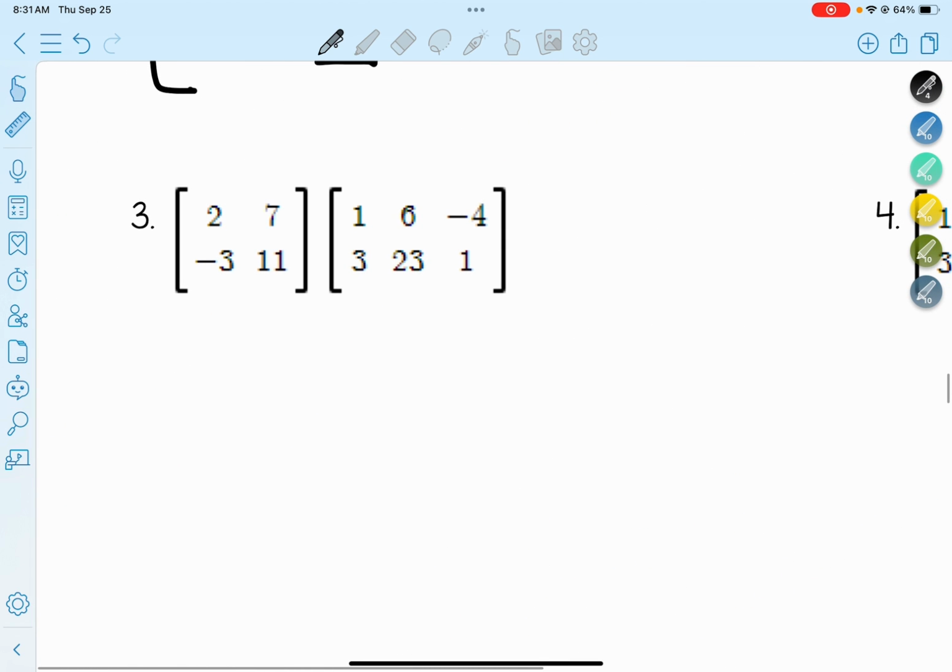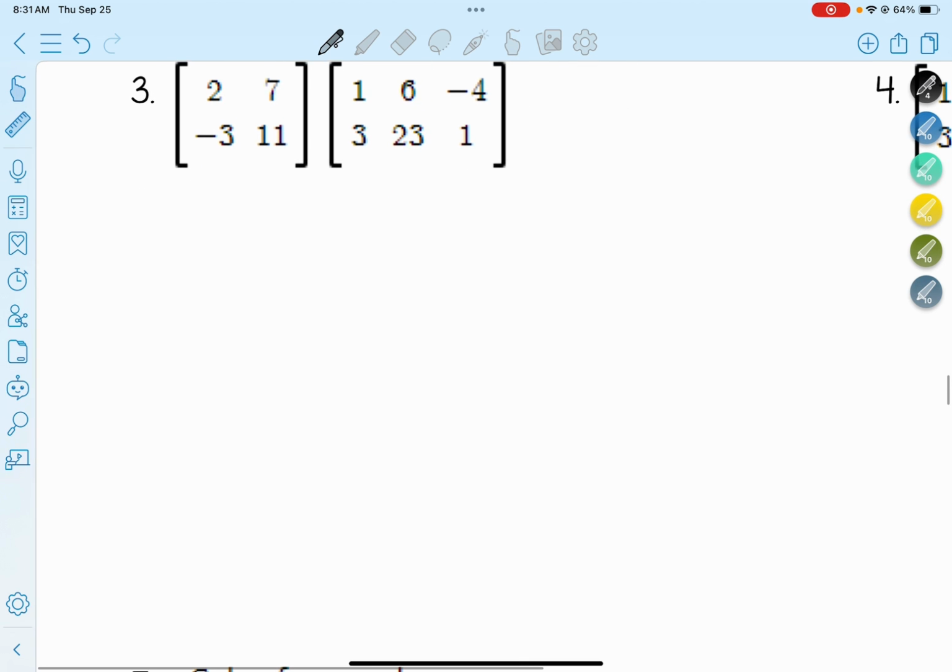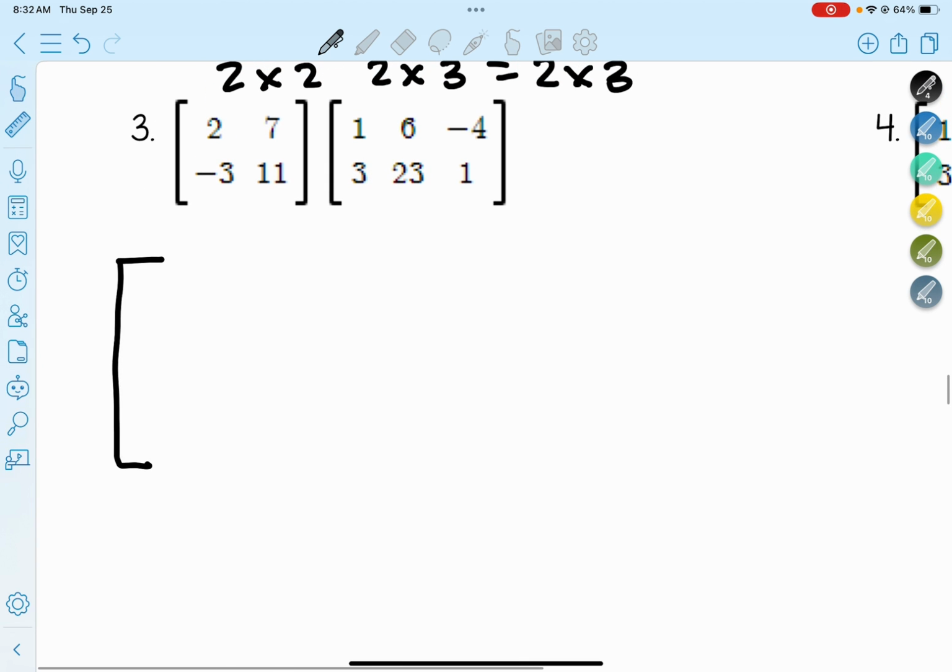Number 3, I can see that my first matrix is a 2 by 2, and the second matrix is a 2 by 3. I can see I have 2 2's in the middle, so the resulting matrix is going to be a 2 by 3. I'm going to write this out. So I go first row times first column, so I go 2 times 1, which is 2, plus 7 times 3, which is 21.